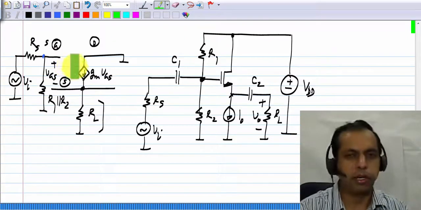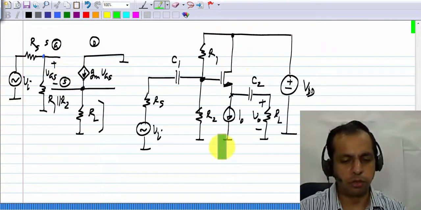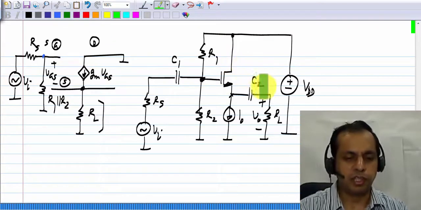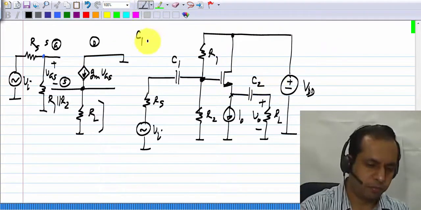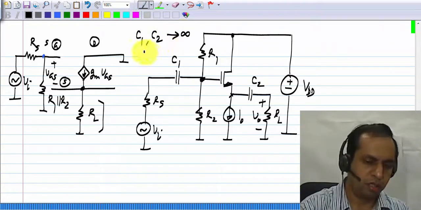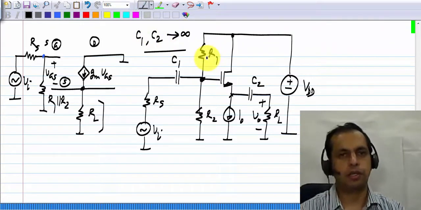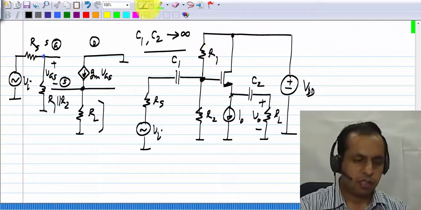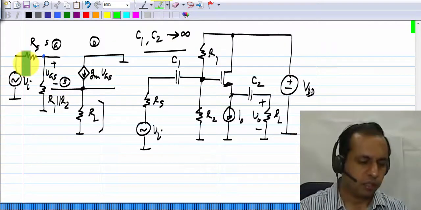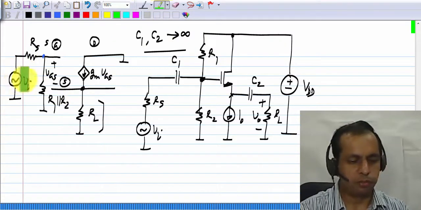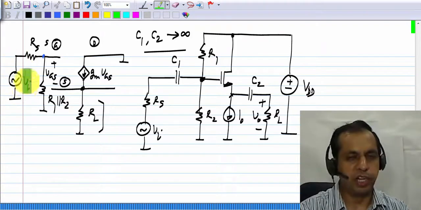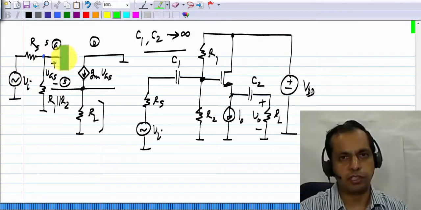So this is now the complete small signal picture corresponding to this circuit, with the assumption that C1 and C2 are large enough so that they are shorts. They are very large. That's the assumption. Okay. So what is the essential difference in functionality? The only thing is there is now a voltage division between the actual input source Vi and the gate terminal of the MOS transistor.